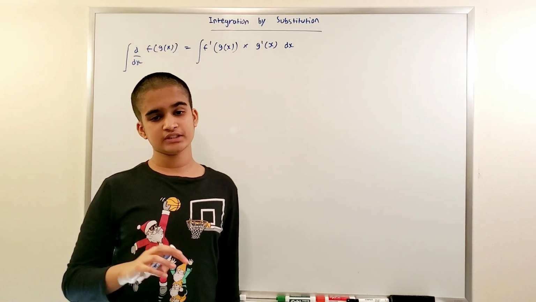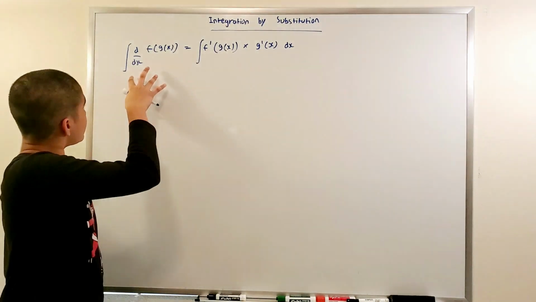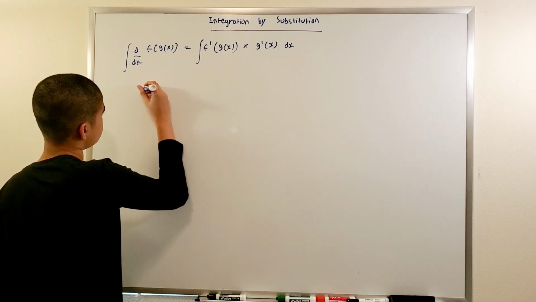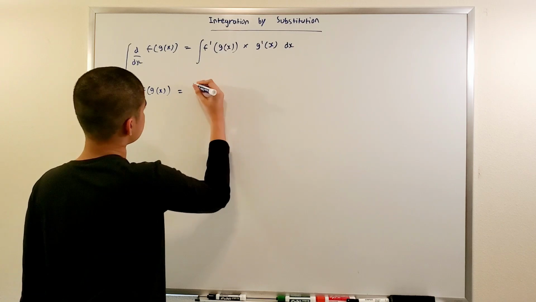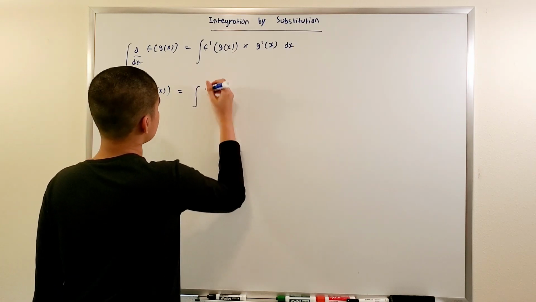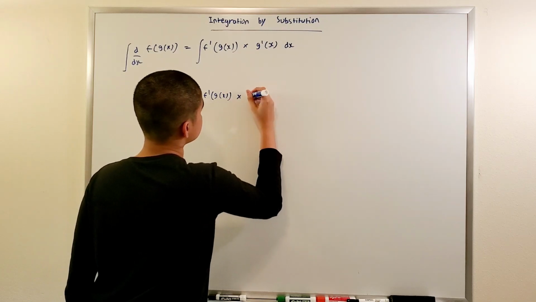Since we know that the integral of the derivative is just the function itself, we can rewrite the left-hand side as f of g of x. And this is going to be equal to the integral of f dash of g of x times g dash of x.